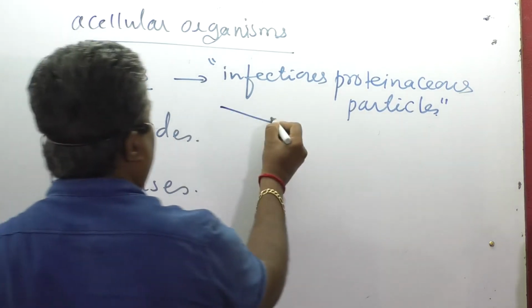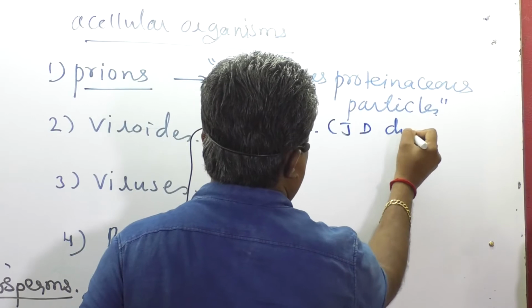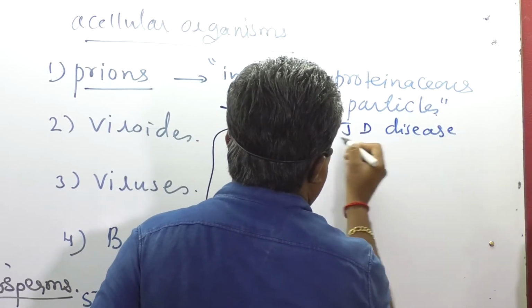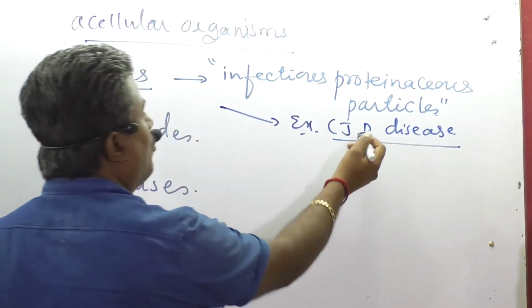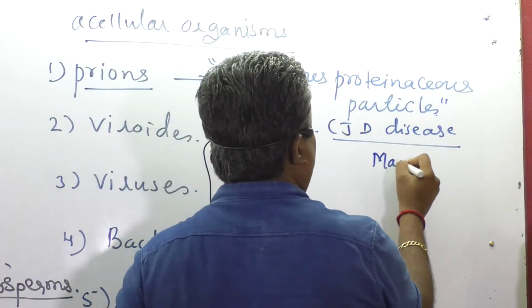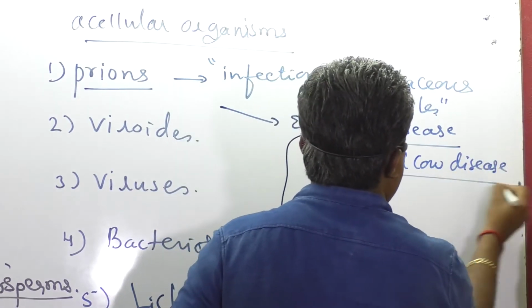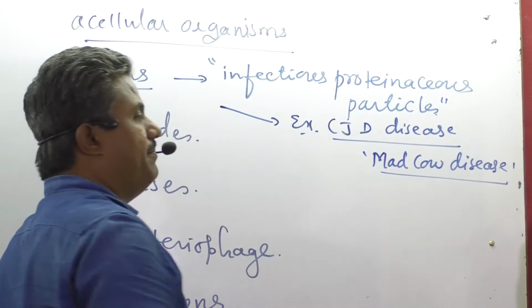Example for this, CJD disease, Creutzfeldt-Jakob disease. It is mad cow disease. It is caused by only an infectious protein particle.